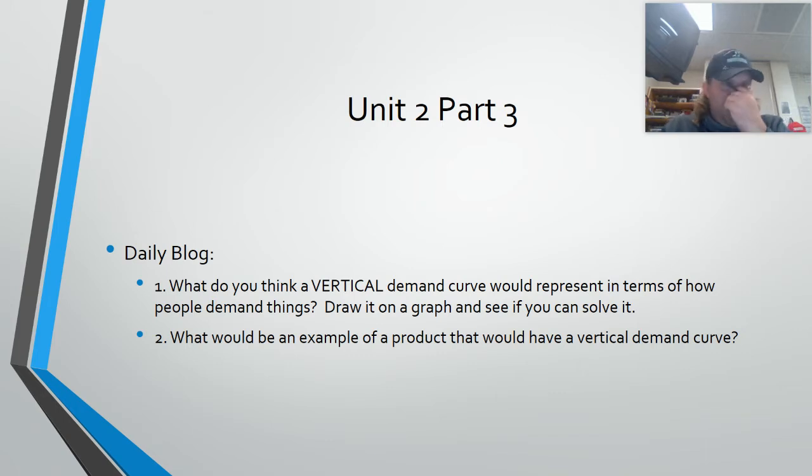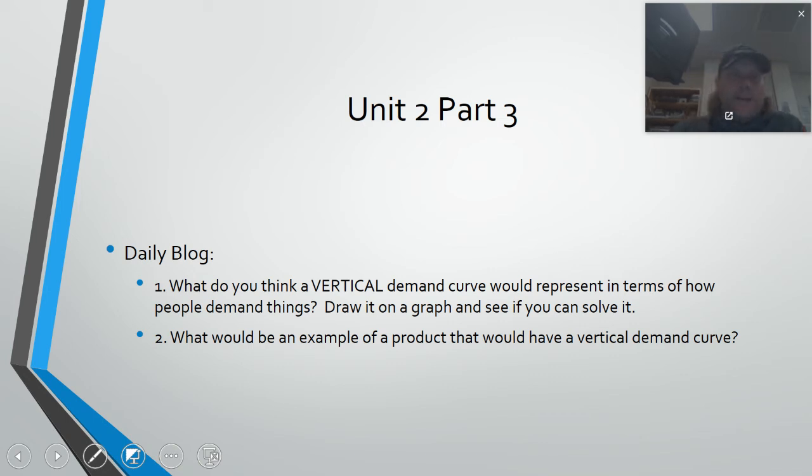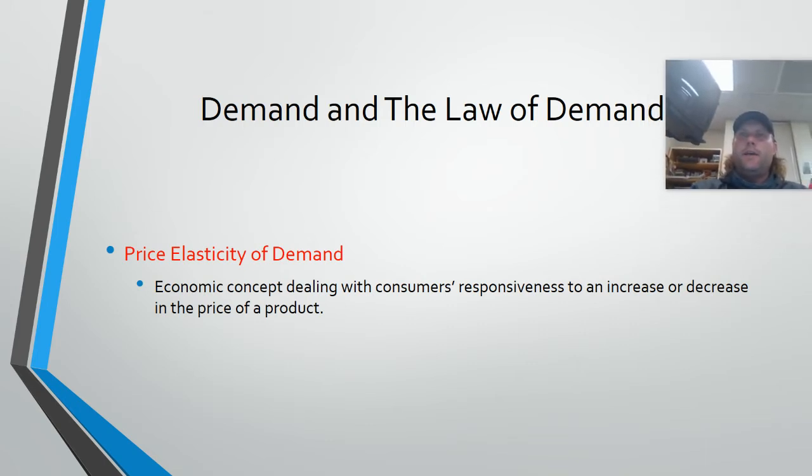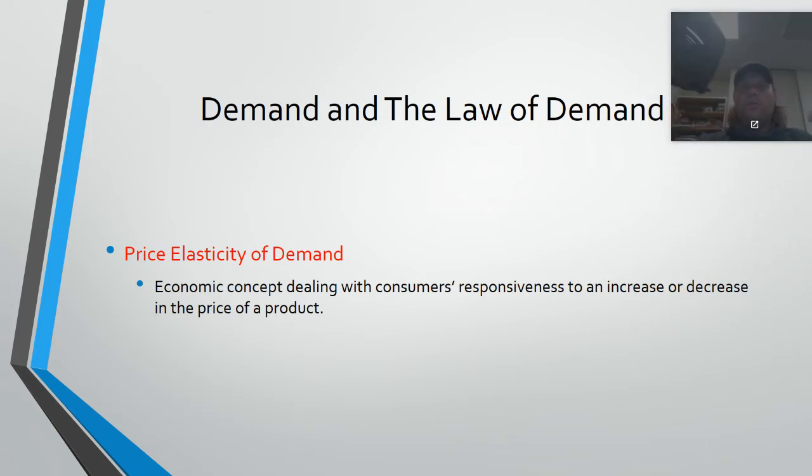Okay, so if you can figure out this graph here, it'll make some sense as we move forward. I'll explain what we're seeing with a visual for you guys. Let's define what we're talking about today: price elasticity of demand. In layman's terms, if the price of something changes, do I decide to buy it or not, or if something gets really expensive, do I still have to buy it?